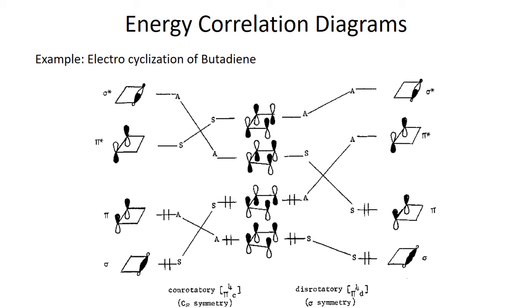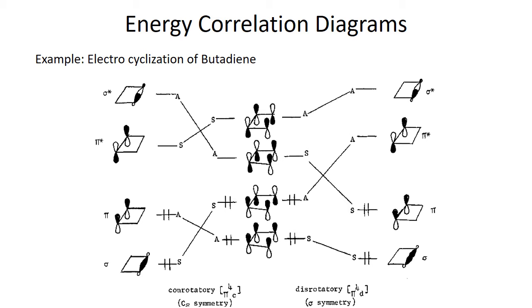So assuming that electrons remain in the same orbital as butadiene distorts, then in the disrotatory reaction, a symmetric molecular orbital can convert to a symmetric orbital, and the electrons can go from the symmetric orbital pi 1 to sigma 1.